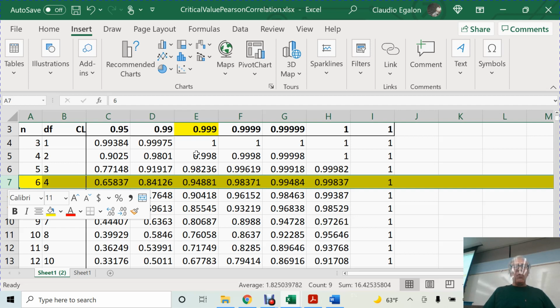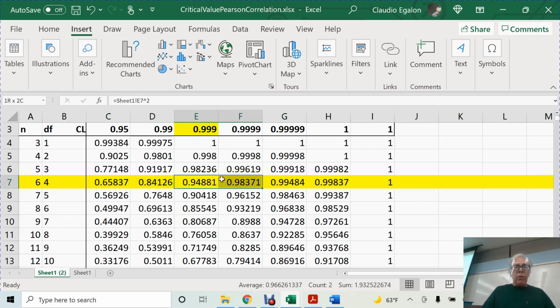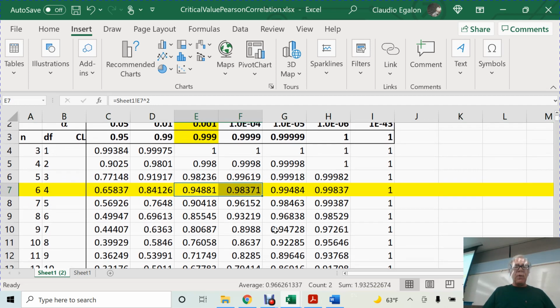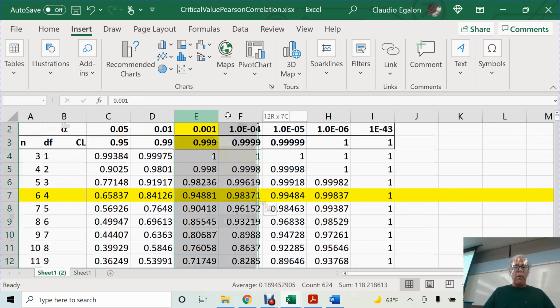Your R squared lies between those two values, right? 0.94. So what's going to be the bounds of your CL? Your CL lies somewhere between 0.999 and 0.9999. Make sense?